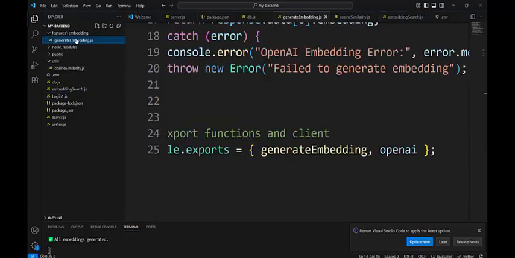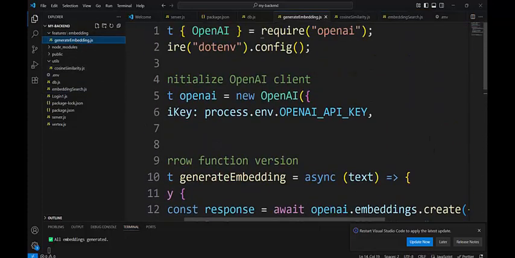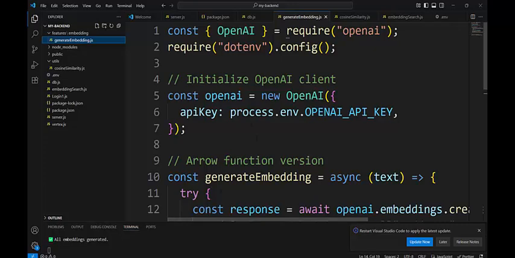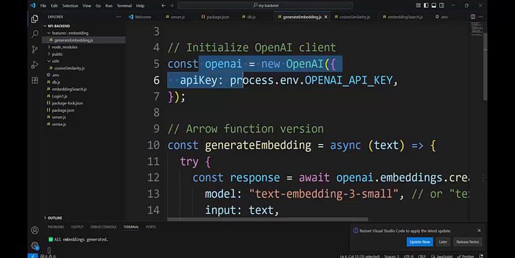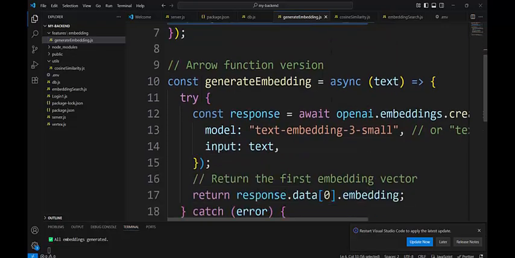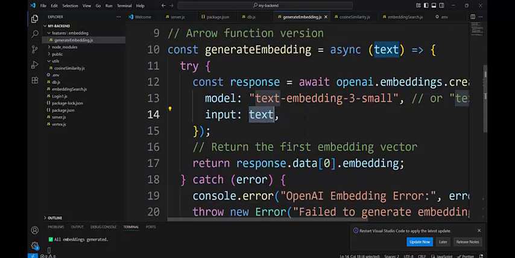Generate embedding connects to OpenAI. Here it is by key, and here it calls generate embeddings, activates the embedding model. This is the embedding model, and the input text. We see what the input text is, and the response will be the embedding of every chunk of text.